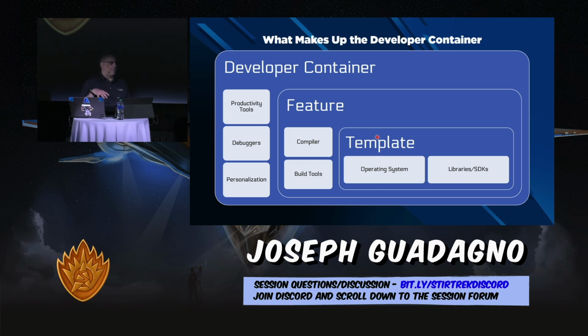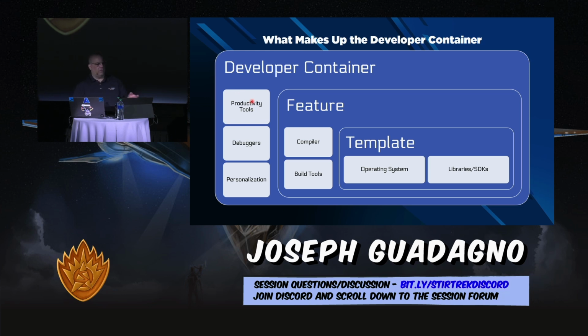Then on top of that, we add features. The features are the compilers and the build tools. So in the case of .NET, it has MS Build, the linking libraries, and everything else. Then the container itself has everything that we need as developers.